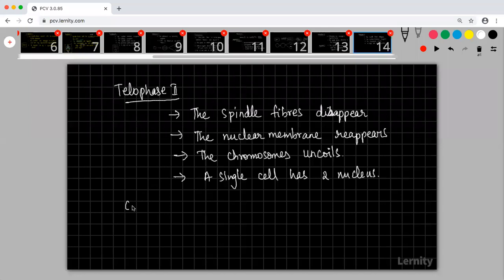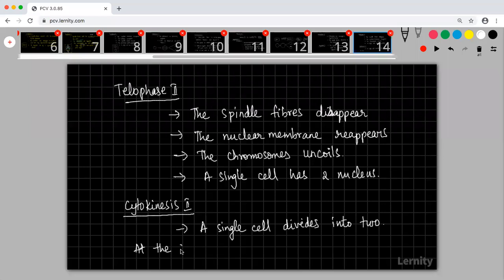And what will happen in cytokinesis 2? A single cell divides into two. At the end of cytokinesis, four haploid daughter cells are obtained.